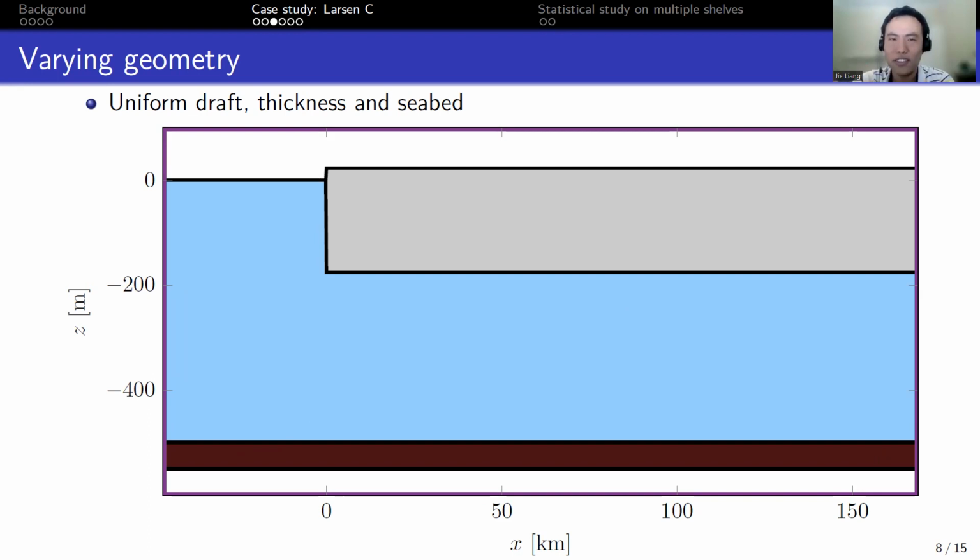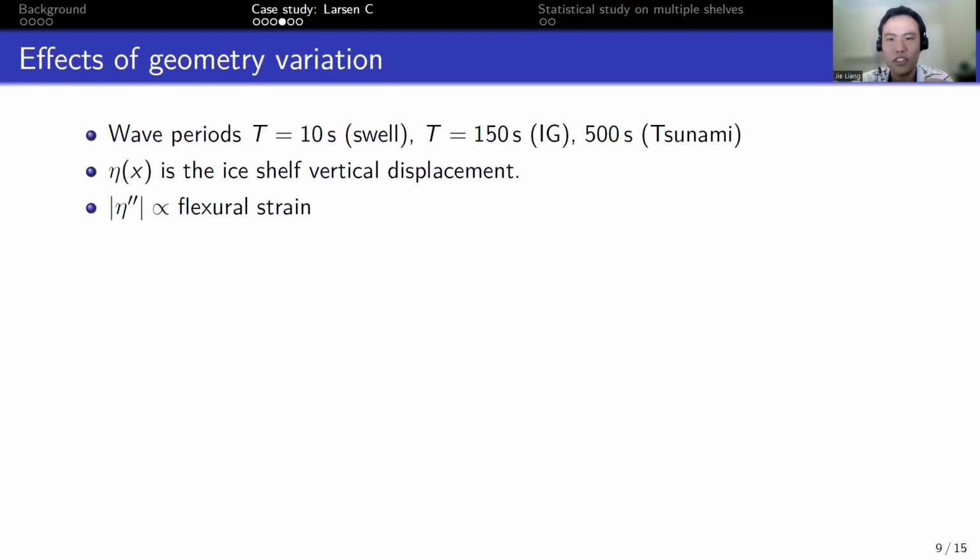Now what I'm trying to do is feed waves of different periods into different geometries and see how they differ from each other. I did that with three wave periods: one is 10 seconds, one is 150 seconds, and one is 500 seconds. I chose these three wave periods because they come from three different regions, as I mentioned before.